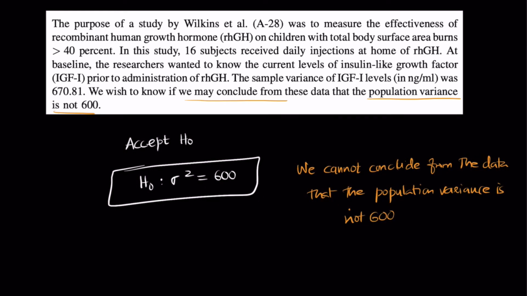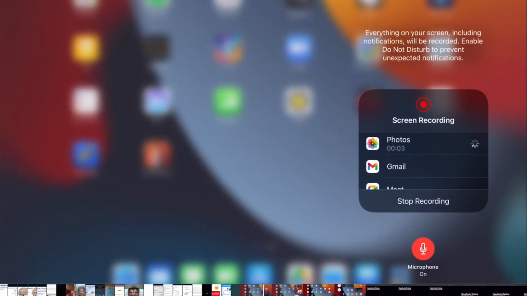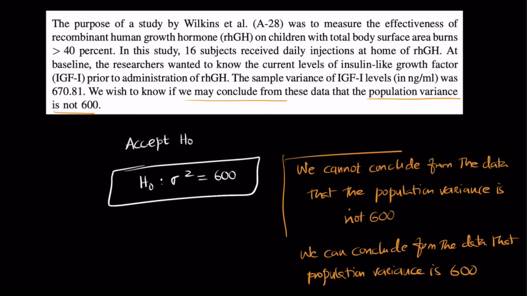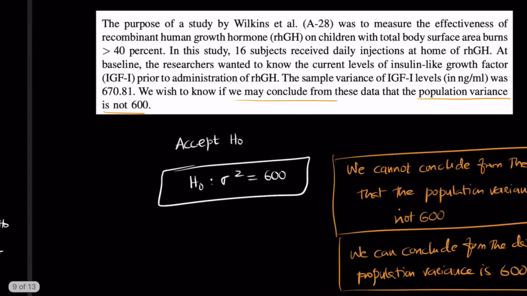So this is basically saying that we can conclude from the data that the population variance is 600. The upper one is basically a fancier way of saying the lower one. So this is how we solve the problem here.